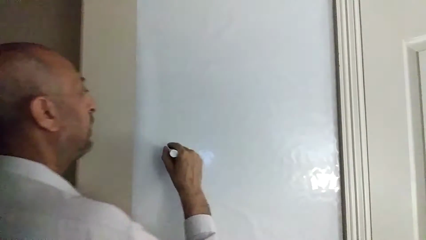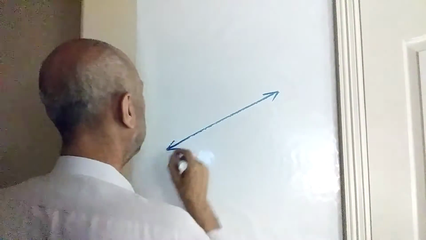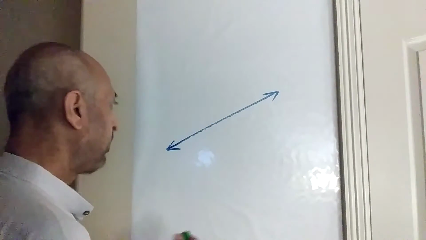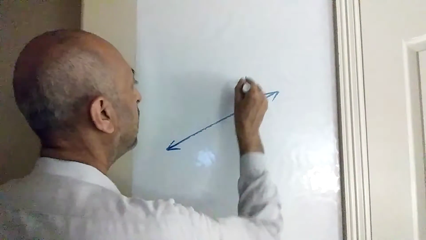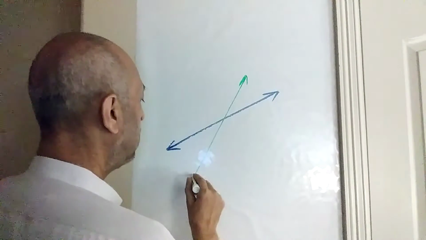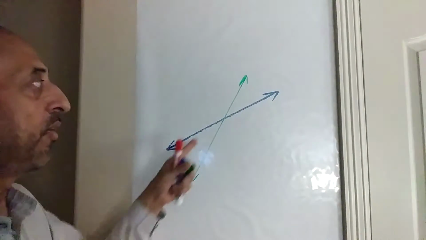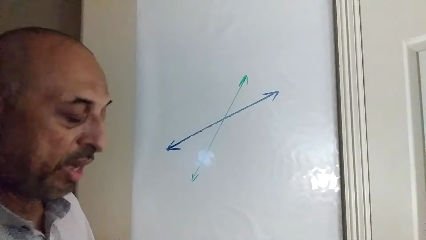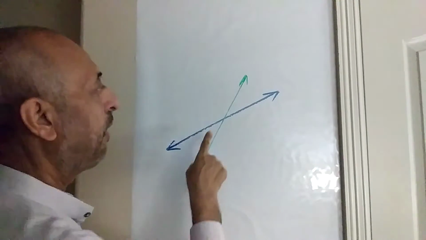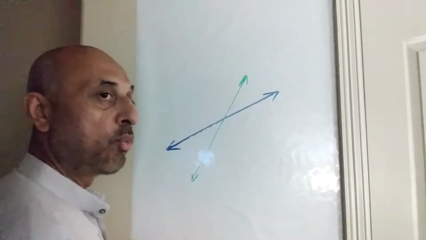Now when we have two straight lines, they can be graphed in such a manner that they may intersect like this, and when that happens, they obviously have different slopes. So when we have different slopes, the lines will intersect.